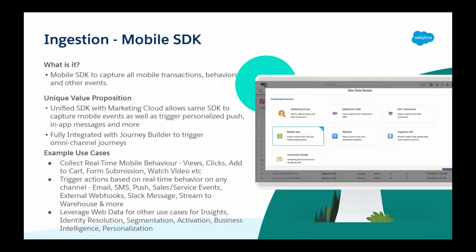Now, the mobile SDK is another method for streaming data in near real time. I'll talk about near real time in a moment. The SDK is actually formerly known as the Marketing Cloud Mobile SDK, which is used to send in-app messaging, inbox push messaging, and location-based messaging to mobile apps using Marketing Cloud Mobile Push.